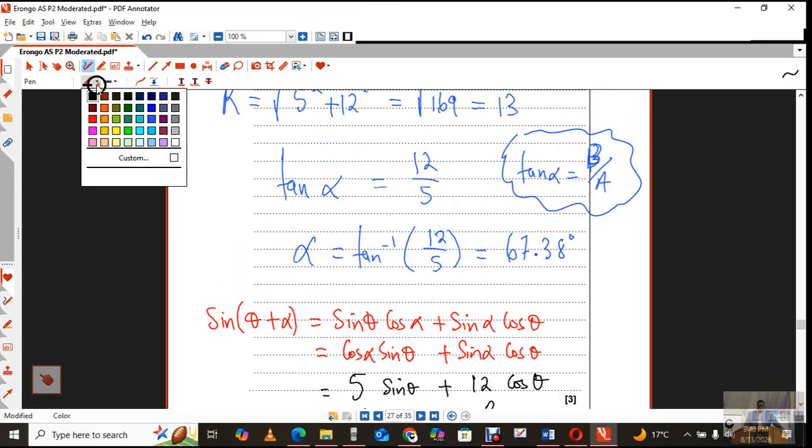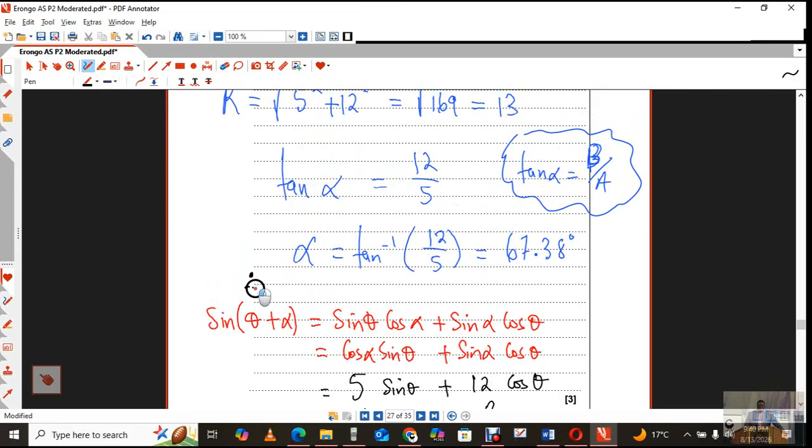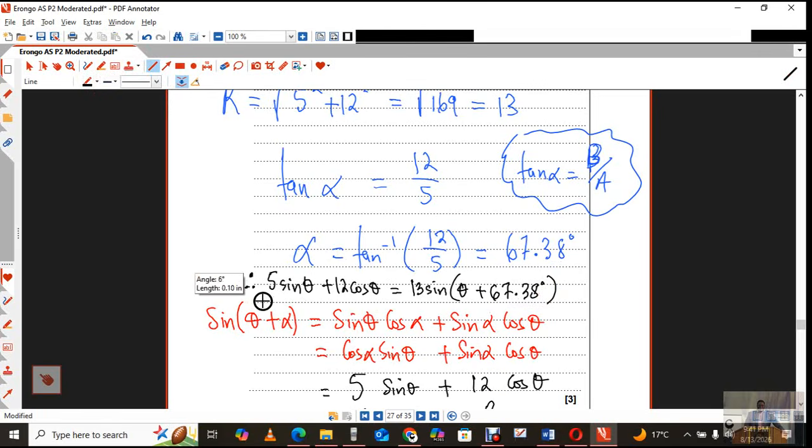In this particular question, because all of this is just information, you say 5 sine theta plus 12 cos theta is equal to r, which was 13, so 13 sine, and then you had theta plus this angle, 67.38 degrees, and that's the answer. Good.